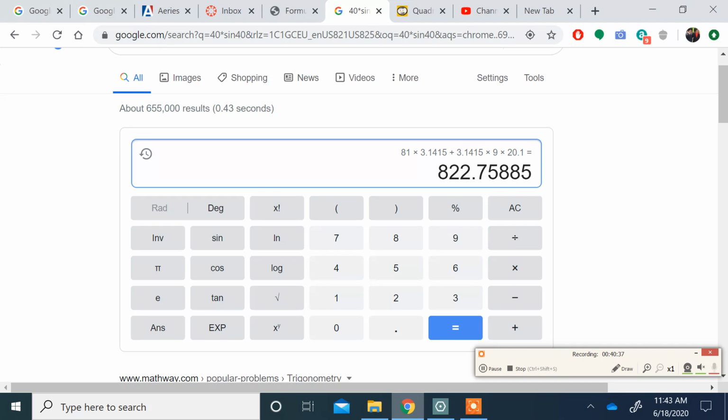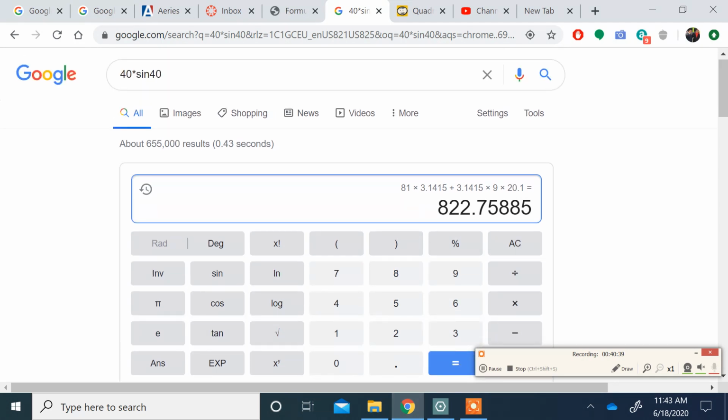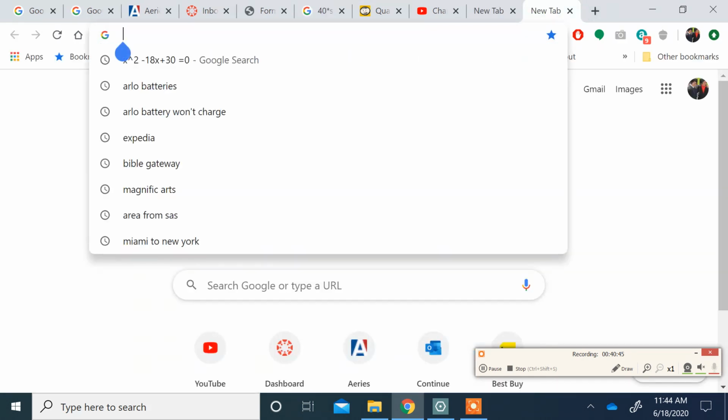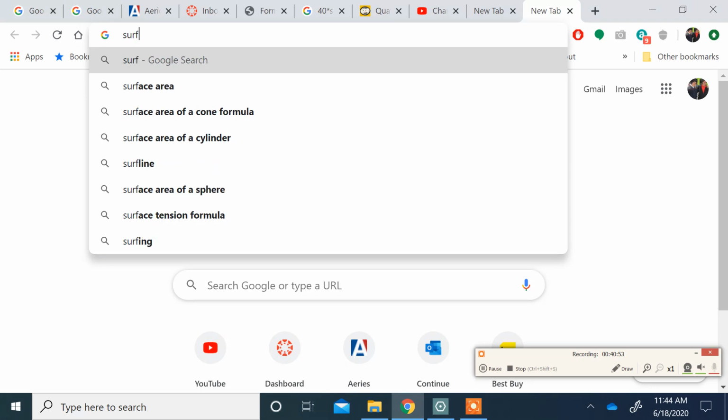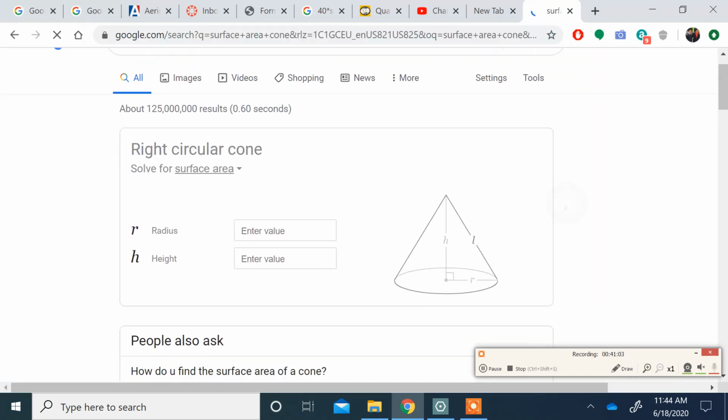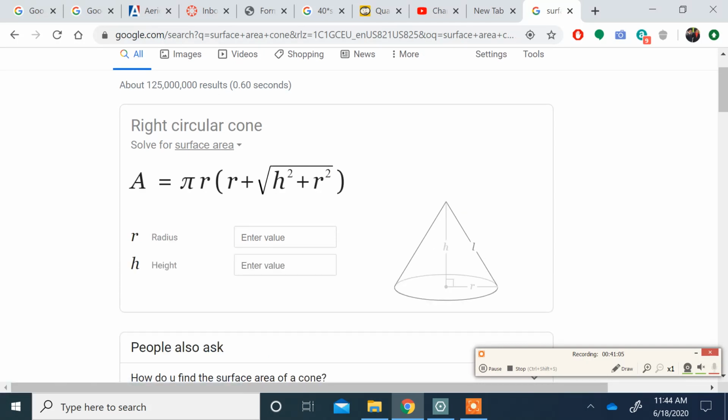Now I'm gonna show you something that is actually kind of cool, and that Google is actually so nice in this way. If you look for surface area and you put a cone, it gives you like a formula. So like, okay, what do you have?